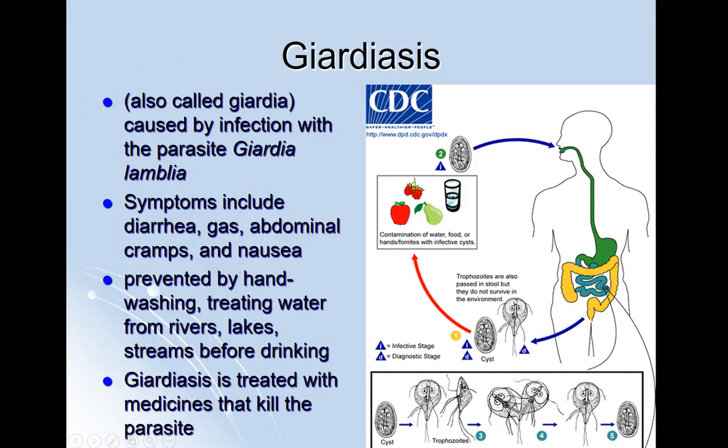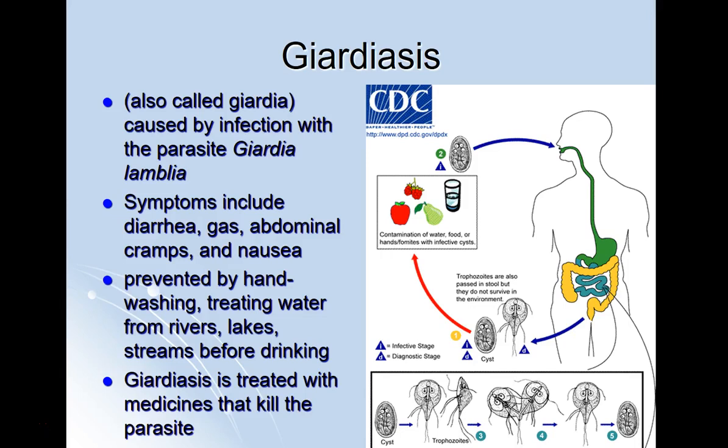All right, giardiasis. This is a common infection of the lumen of the small intestine that's caused by a parasite. It's often spread by contaminated food and water. It can also be spread via person-to-person contact.